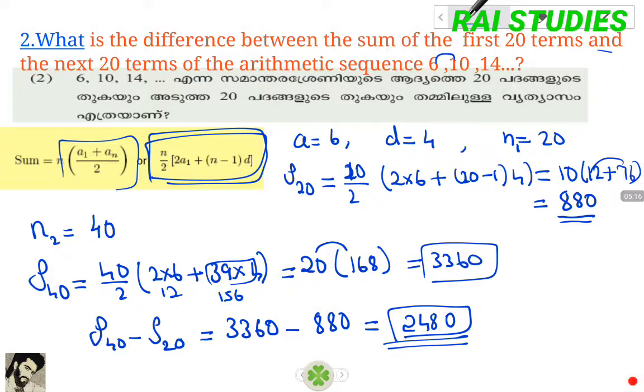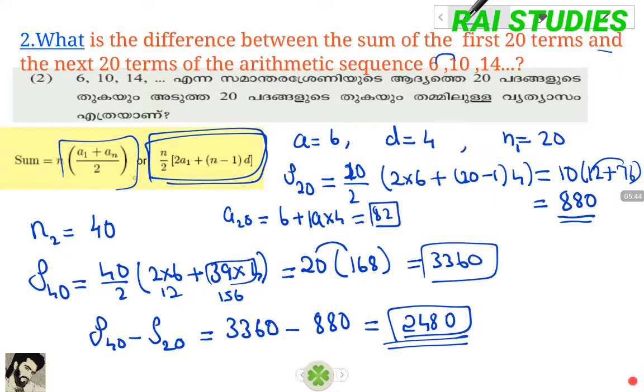The 20th term becomes the first term plus, here 6 is the first term, n minus 1 times d. Here n is equal to 20, so 19 times d, which is 4. 19 into 4 is 76, plus 6 is 82. So 82 is the 20th term.